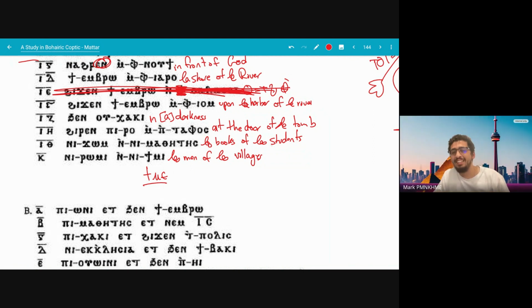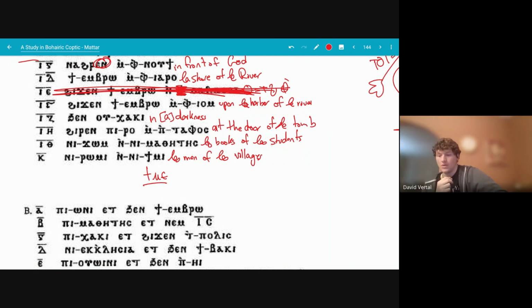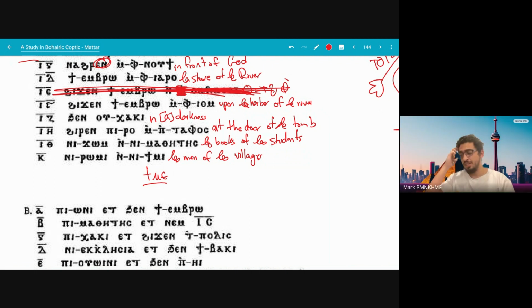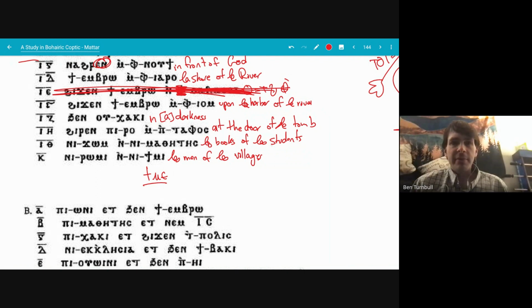That's where Timi comes from, and then Vaki is the word we use in Bohairic for a larger city. Sahidic uses polis for it. Is Vaki the native Coptic word? And polis sounds like the Greek word. Yes. Okay.